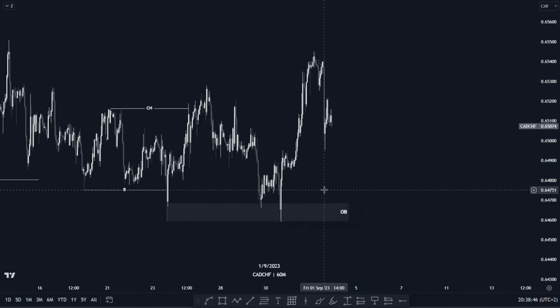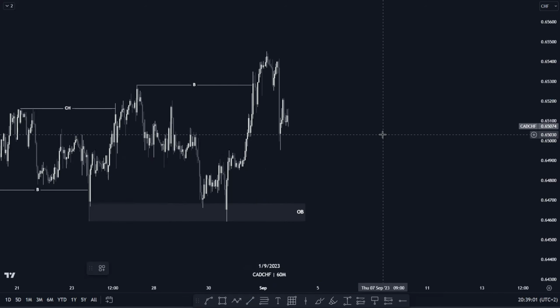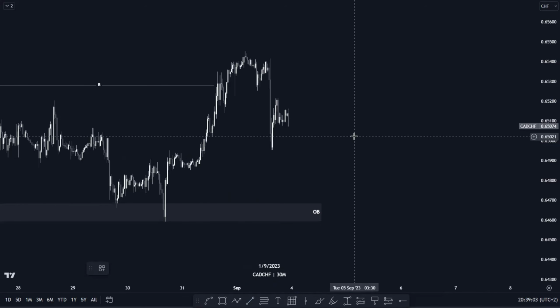And now for CAT CHF, I'll be looking at taking my buying opportunities next week because now we have this break of structure. Let's just move to our 30-minute chart.